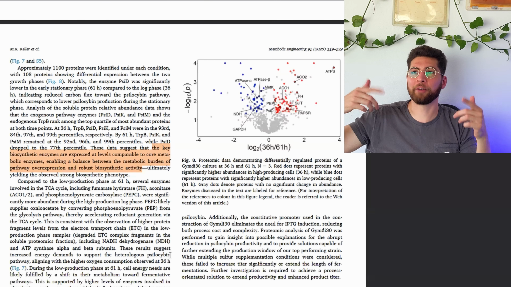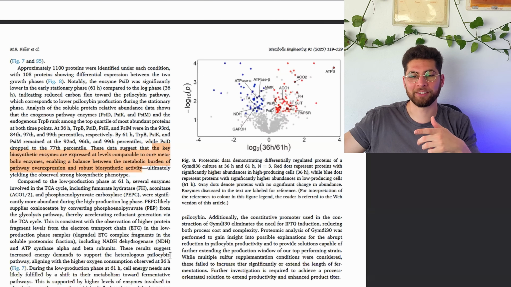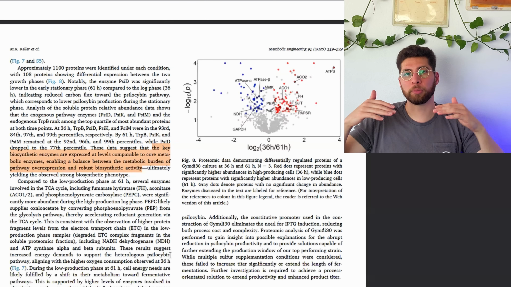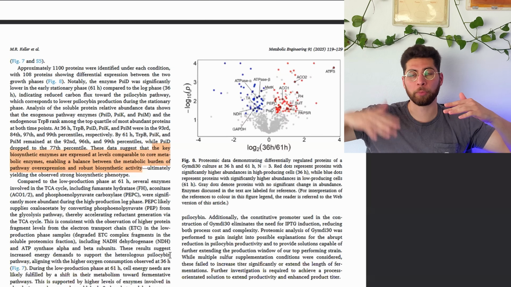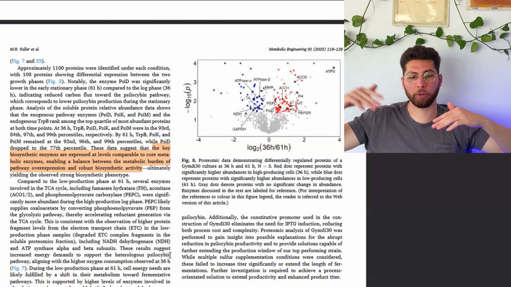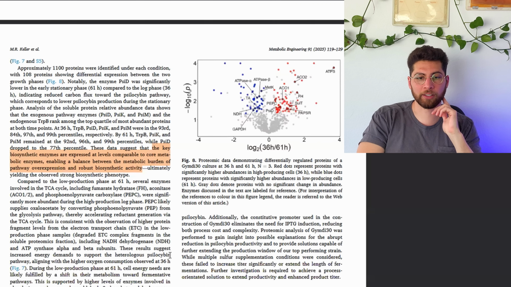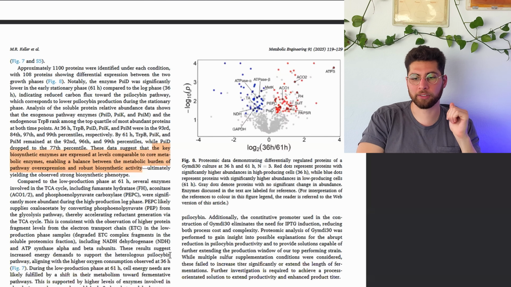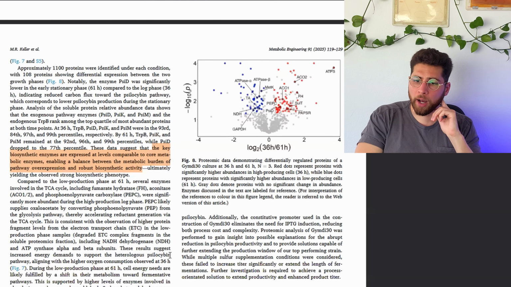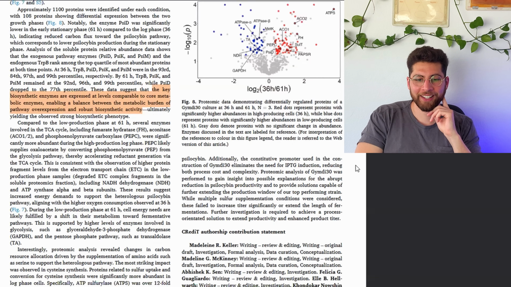And if you don't have cells growing, then you don't have the production of those enzymes. So there's a balance between cell growth and production of your enzymes to make your product. And they're saying basically they had a good balance in those things. And then this here is called a volcano plot, and that's all I know about this figure.